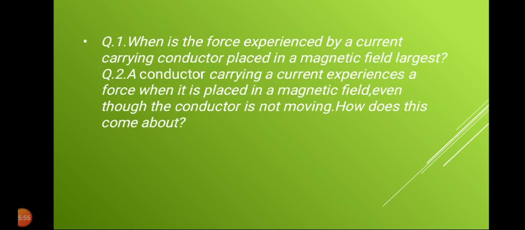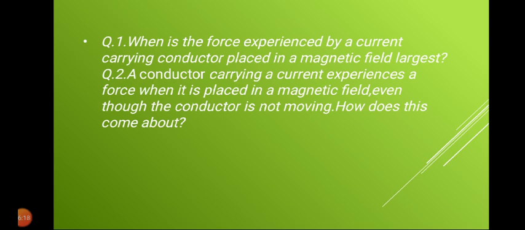Now I am going to discuss the questions. My first question is, when is the force experienced by a current carrying conductor placed in a magnetic field largest? In this video I have explained about this, so students, I hope you will reply to it.